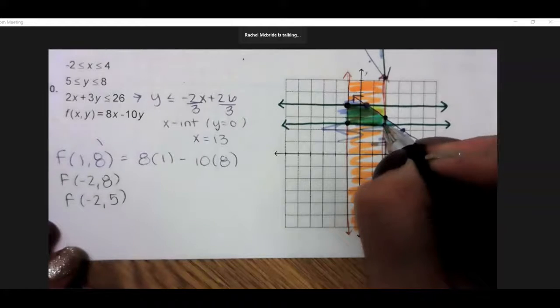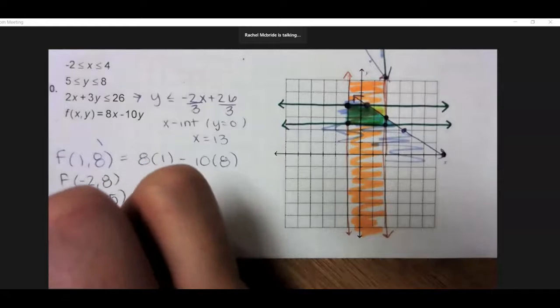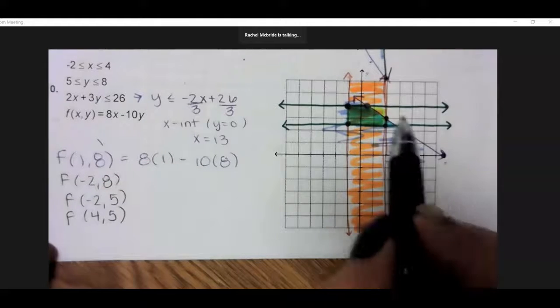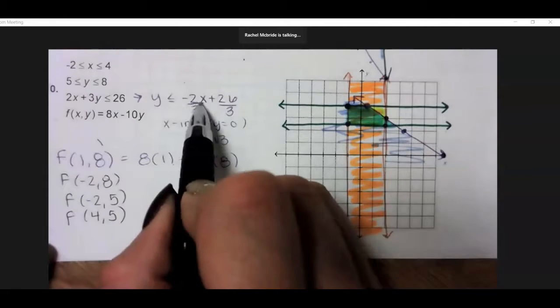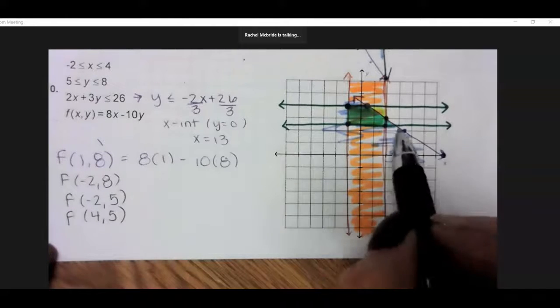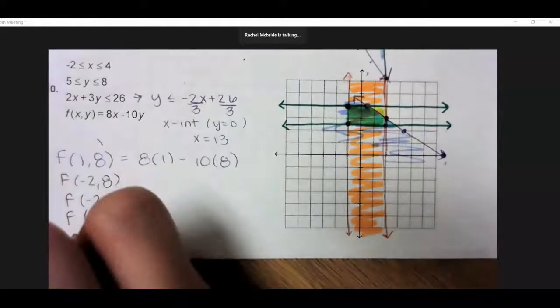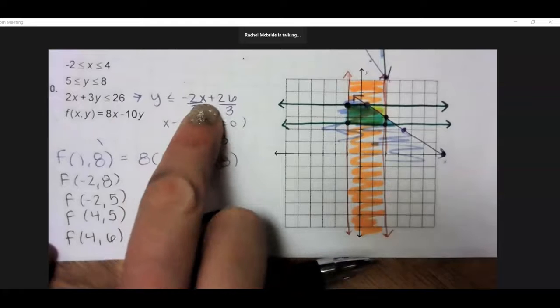So you have the intersection between 4 and 5. And the purple graph intersects at 4. And again, if you can't tell from your graph where it's at, so mine appears to be at 6. You could always check by plugging 4 in here.